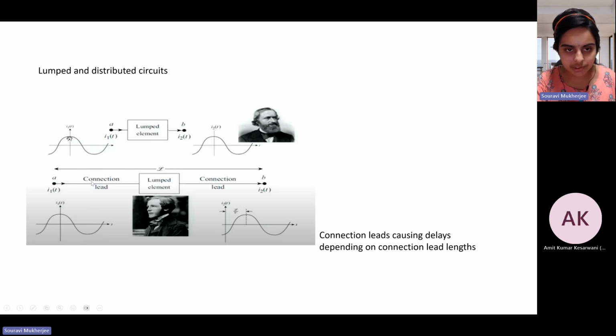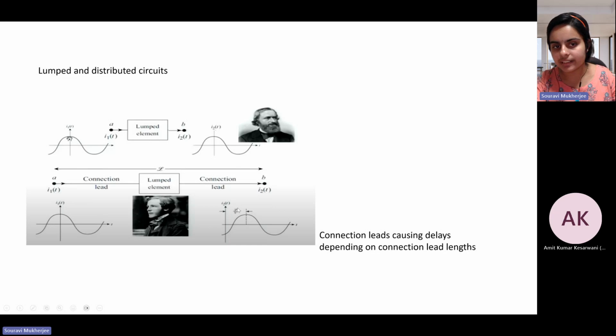Now there's a connection lead, then there's some lumped element where we have considered that there is no change, so the incident current and the current leaving this element are the same, but then it travels through this connection lead and reaches some point B. What is seen is that in certain cases, when you see the signal here and then the signal there, there's a delay between the two, right?